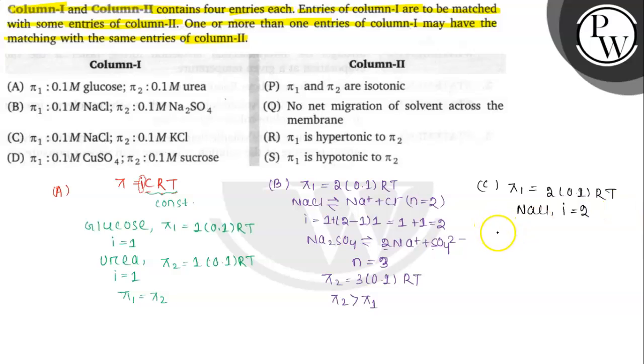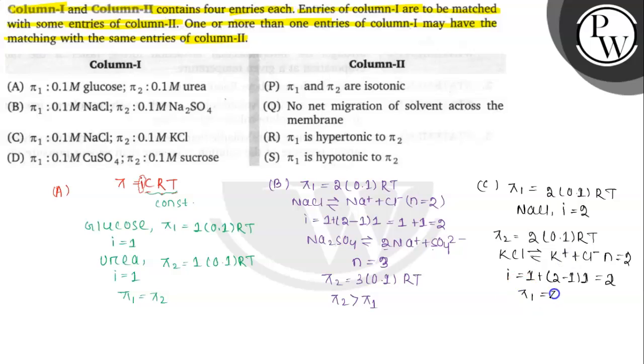KCl also dissociates to form K plus and Cl minus, and the number of dissociated ions is 2. If we find the value of i, it will become 1 plus n minus 1, that is 2 minus 1 into degree of dissociation 1. So it will be equal to 2. So it is also 2 into 0.1 RT. So here also pi 1 equals pi 2.